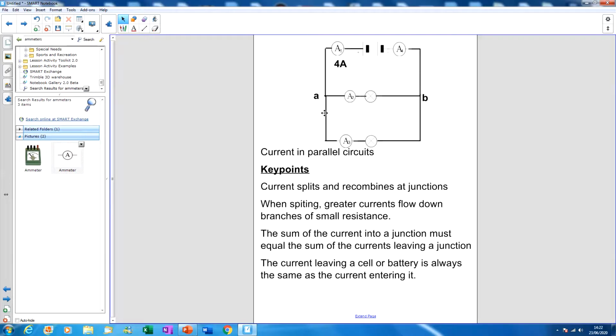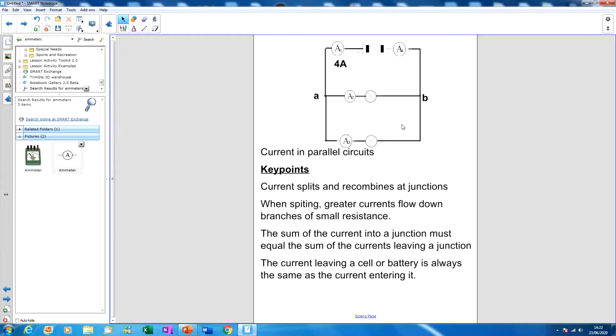It splits where a smaller number of input pathways goes to a bigger number of output pathways, like this. So I've got 1 coming in, I've got 2 coming out. And at B, you've got 2 pathways in and 1 out, back to the negative terminal. So at junction B, the current would recombine.